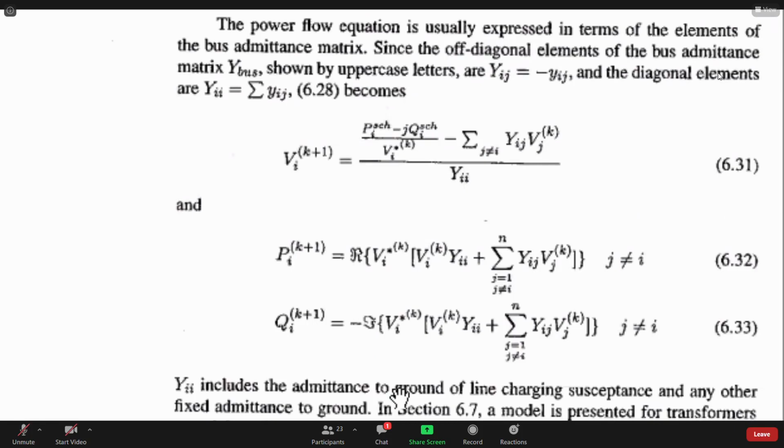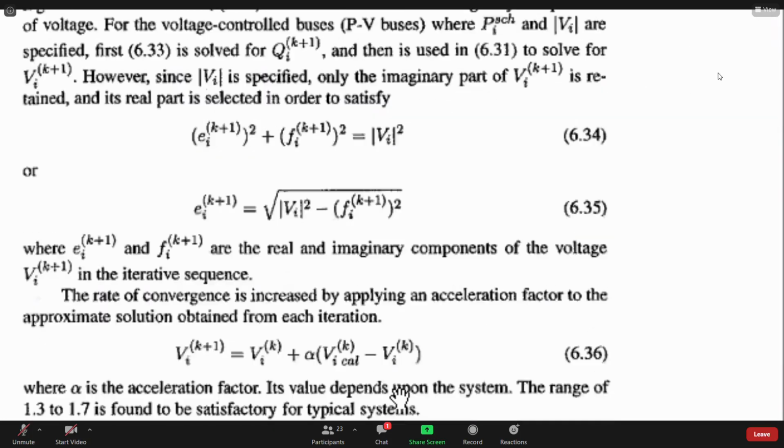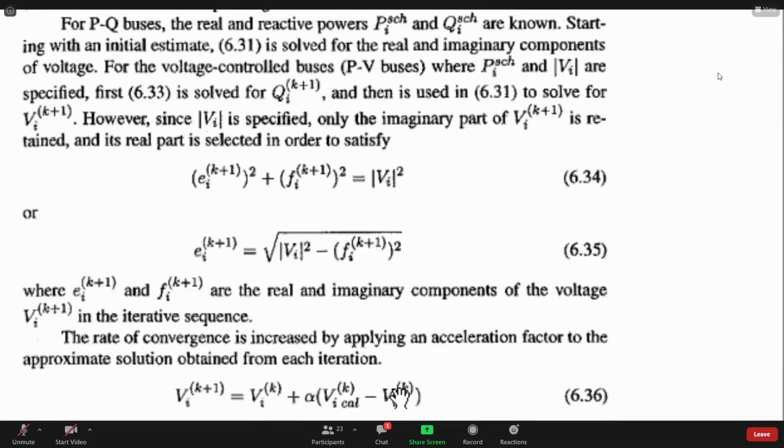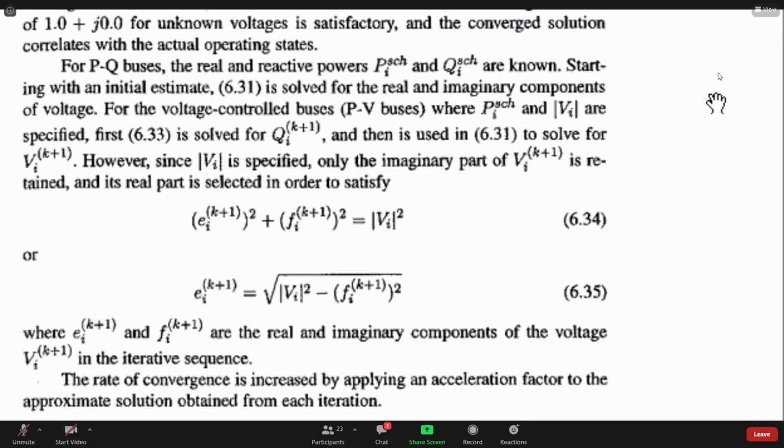So, with this idea, for the PV bus, voltage and power information will be given, right? Yes, sir. If the voltage is already given, you have to maintain that voltage magnitude.